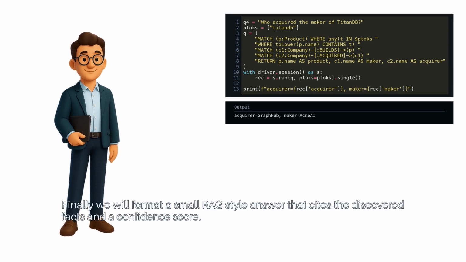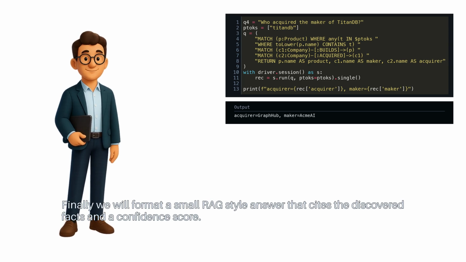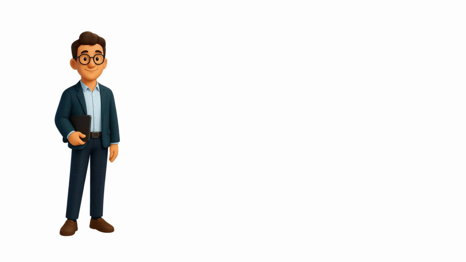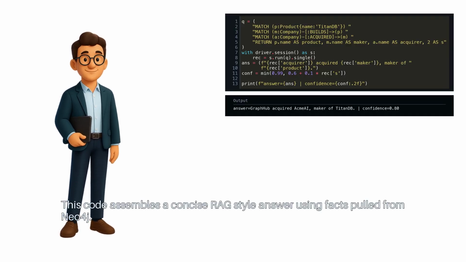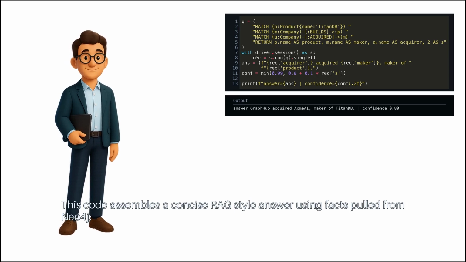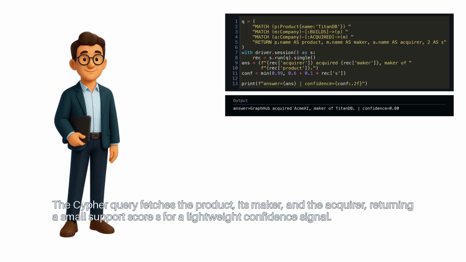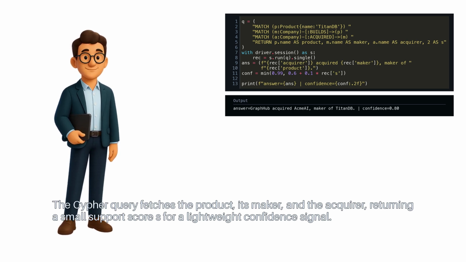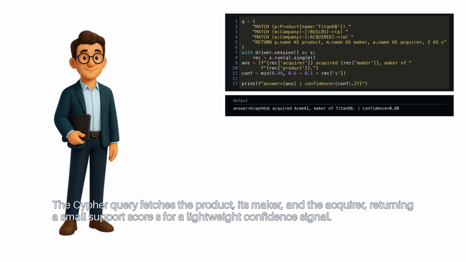Finally, we will format a small RAG-style answer that cites the discovered facts and a confidence score. This code assembles a concise RAG-style answer using facts pulled from Neo4j. The Cypher query fetches the product, its maker, and the acquirer, returning a small support score S for a lightweight confidence signal.